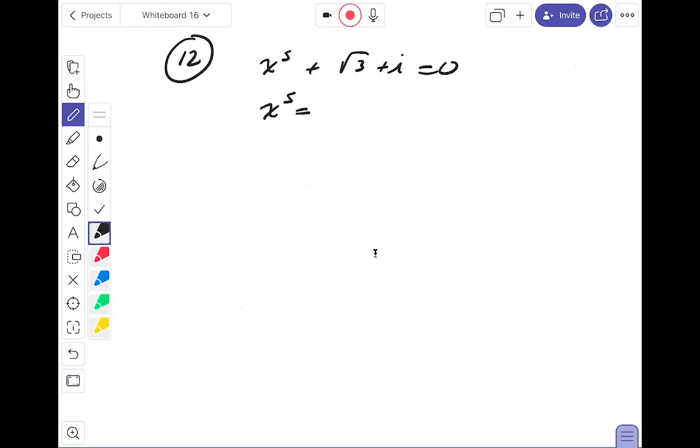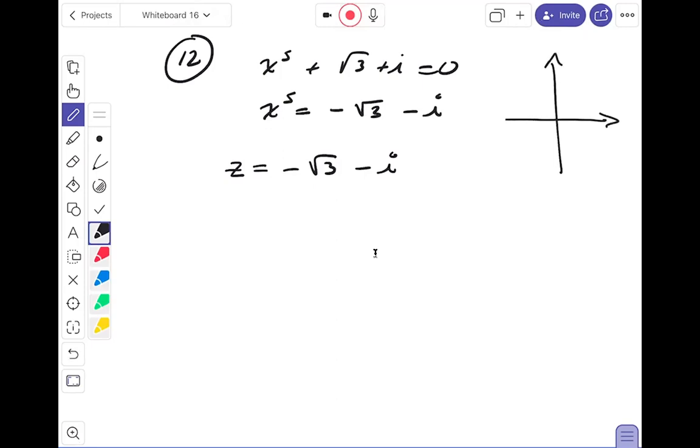Well, this is going to have 5 solutions to it. I'm looking for the 5 roots of this number over here. So write down z for you. z is minus root 3 minus i. I'm going to visualize that for you because I want to come up with the argument and the modulus. So minus root 3 minus 1. So let's see, over here somewhere, right? What's the angle going to be? I'll be careful too.